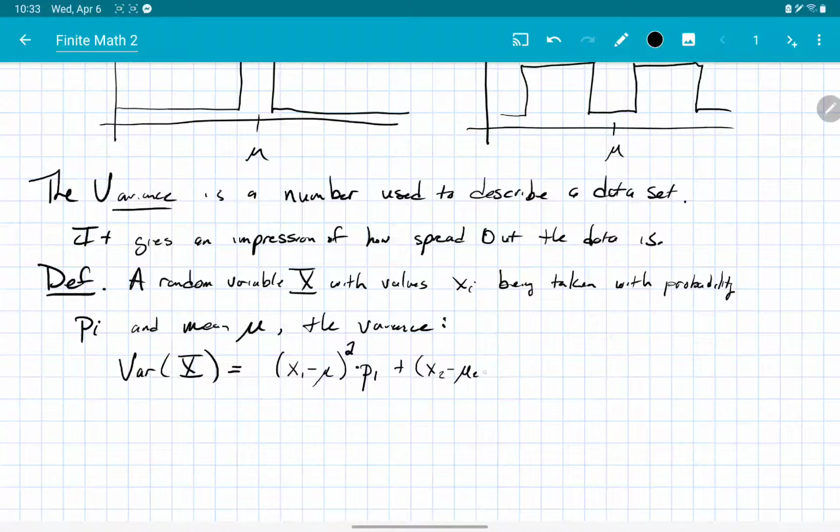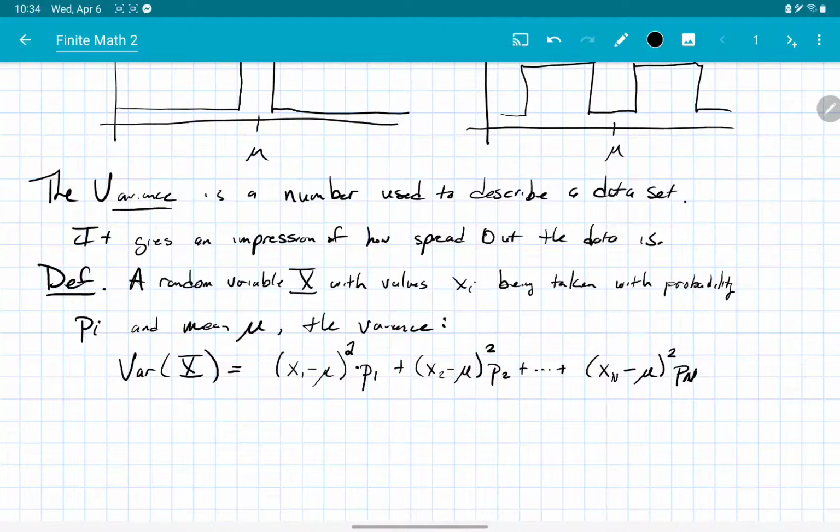And that's how the formula proceeds. x2 minus the mean, squared, times p2, all the way to the final possible value, let's call it xn, minus the mean value squared, times the probability that we take the nth value. That's the variance.